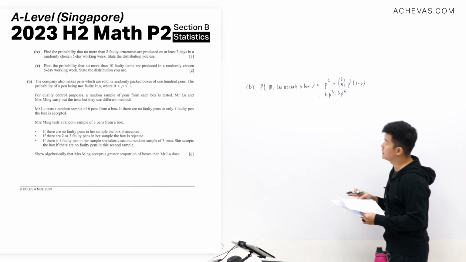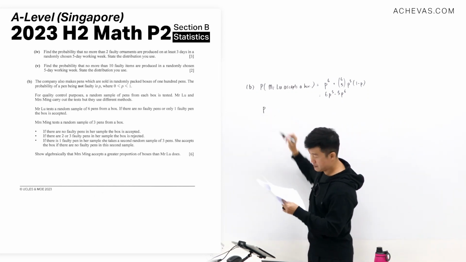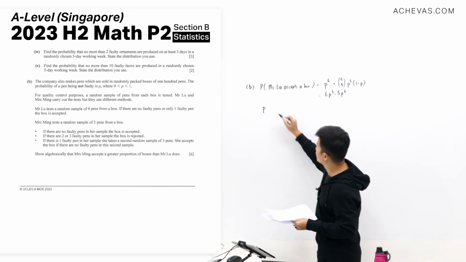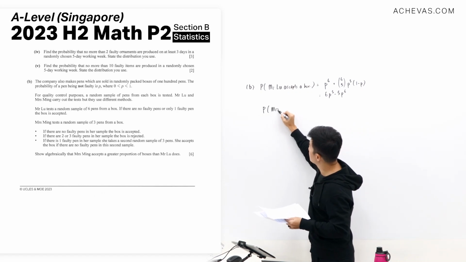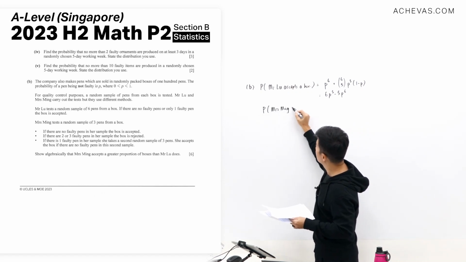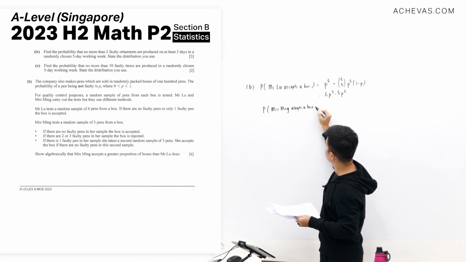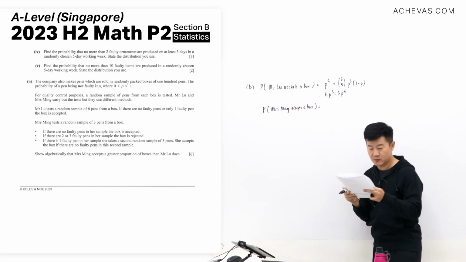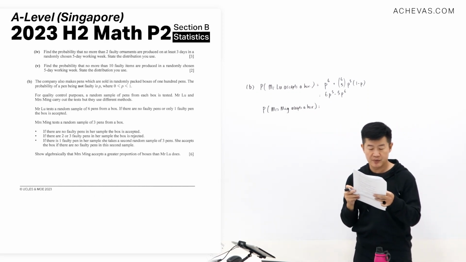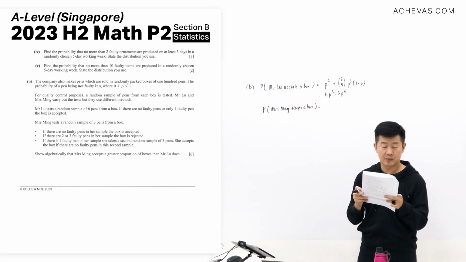This is when Mr. Lu accepts a box. We are going to do likewise for Mrs. Ming. So the probability that Mrs. Ming accepts a box. Let's read the question. Mrs. Ming will be selecting 3 pens from the box.